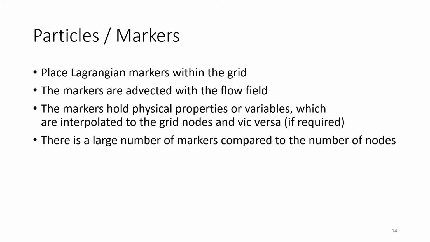So how this whole thing works is you place, usually randomly if you start with an initial condition, but it can also be centered depending on your scenario, your Lagrangian markers within the grid, and those points are advected with a flow field.